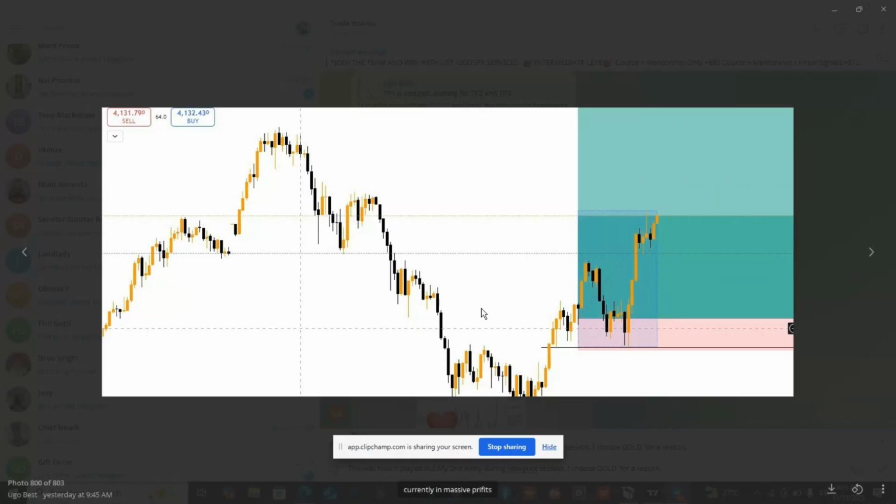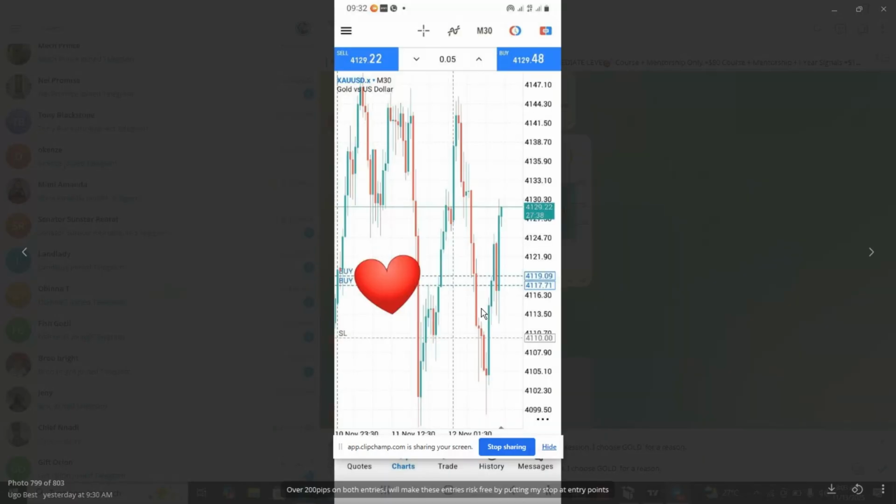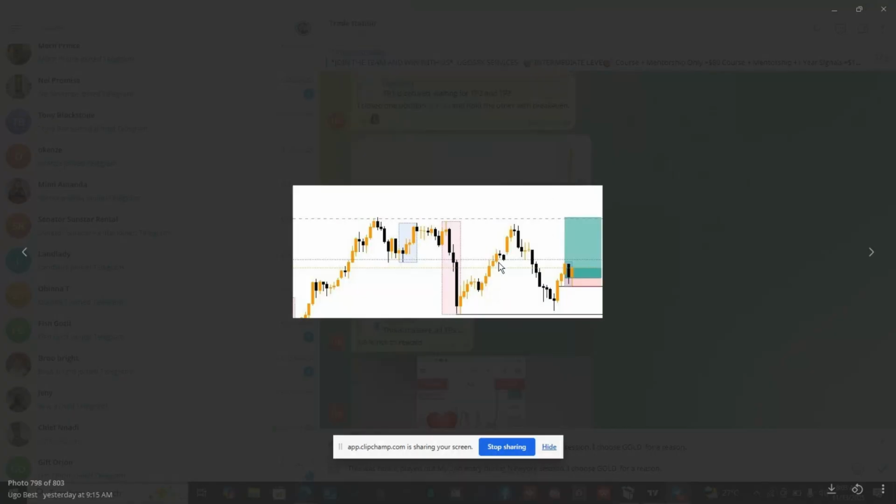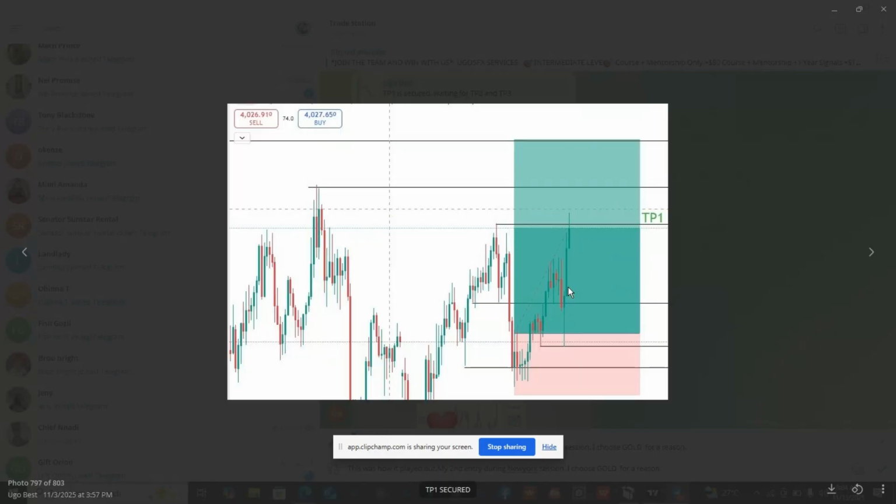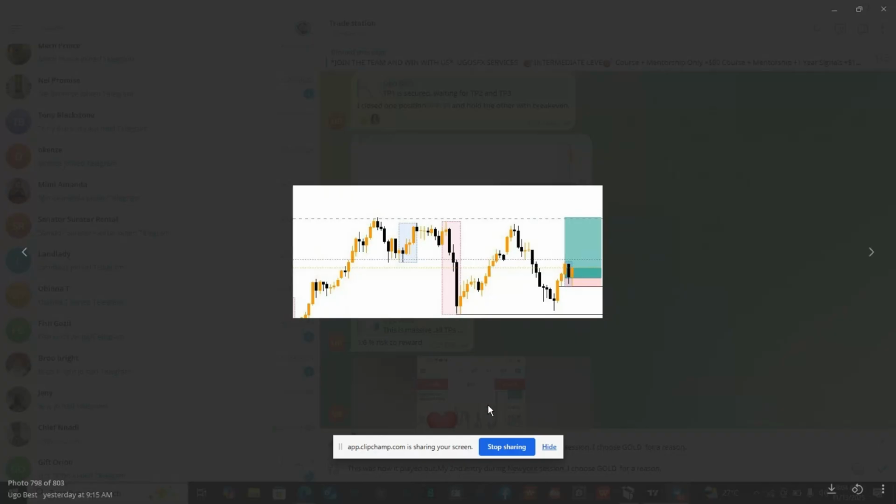This was the first entry, the first one that I bought, 4117 and 4119. And at this one, price was at 4129. You can see when price was moving, and this is the 1 hour time frame. This was the previous entries. So basically, this is how I take my trade.